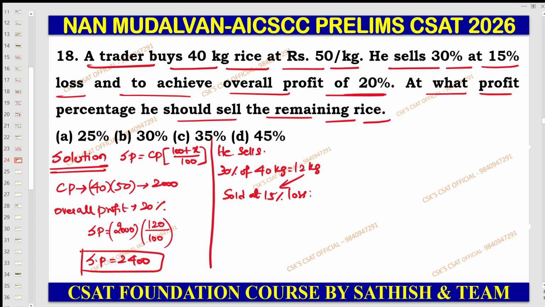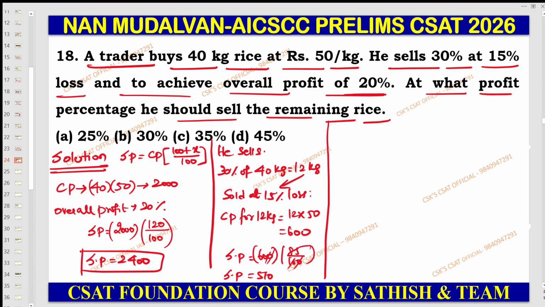First of all, find out the cost price for that 12 kg. CP for 12 kg is 12 into 50, that is 600. So what is the SP of this 12 kg? 600 into 15% loss means 85 by 100. You can cancel 0 0. 85 into 6 becomes 510. So your SP becomes 510.